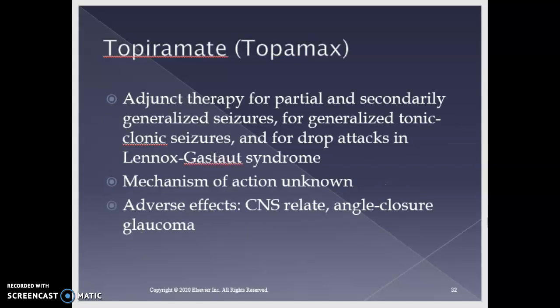With our topiramate or Topamax, this is an adjunct therapy for partial and secondarily generalized seizures, or for general tonic-clonic seizures, also for drop attacks, and in a condition called Lennox-Gastaut syndrome. Lennox-Gastaut syndrome, of course, is an eponym named after two scientists, Henri Gastaut and William Gordon Lennox.